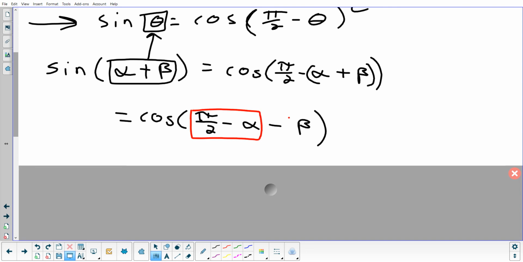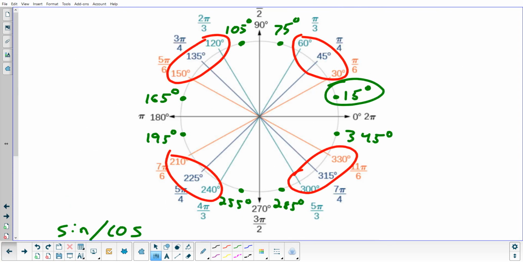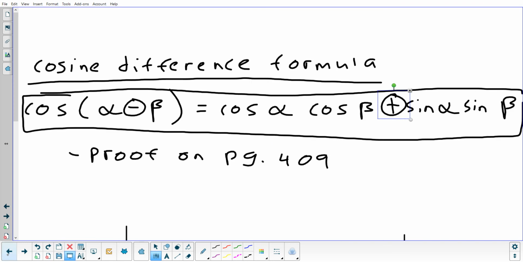That's box 1. That's box 2. Look what we have right there: cosine of a difference. This is box 1, this is box 2. It's just like this formula.